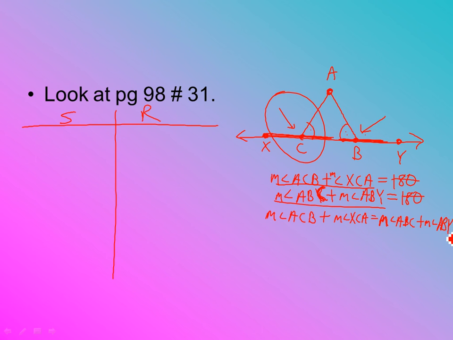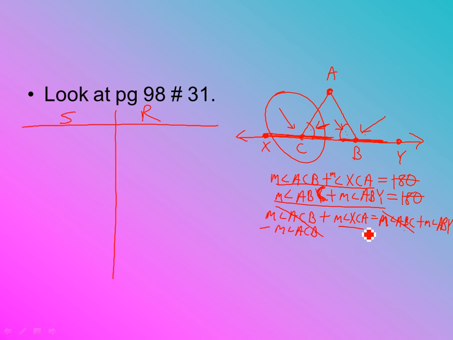Sorry, I got a little close to the edge here. Then the given information was the fact that this angle and this angle were the same. Well, that's angle ACB and angle ABC. If I subtract the measure of angle ACB on both sides, those two are just going to cancel each other out because they're the same thing.